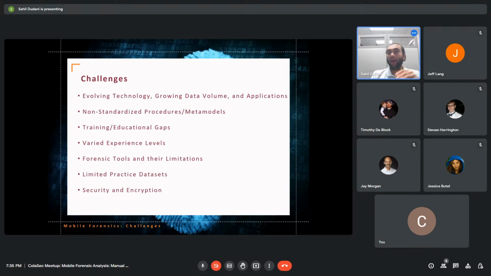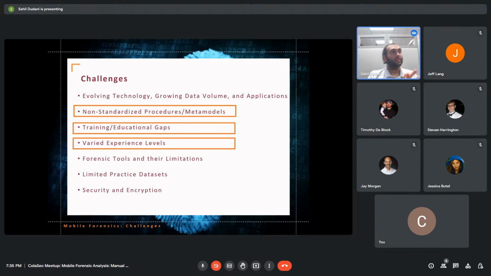Our main focus for our experiment is these three challenges, which we're trying to counter using machine learning and getting everyone up to the same level before they take a decision, so they can take better informed decisions if machine learning is used for analysis initially.